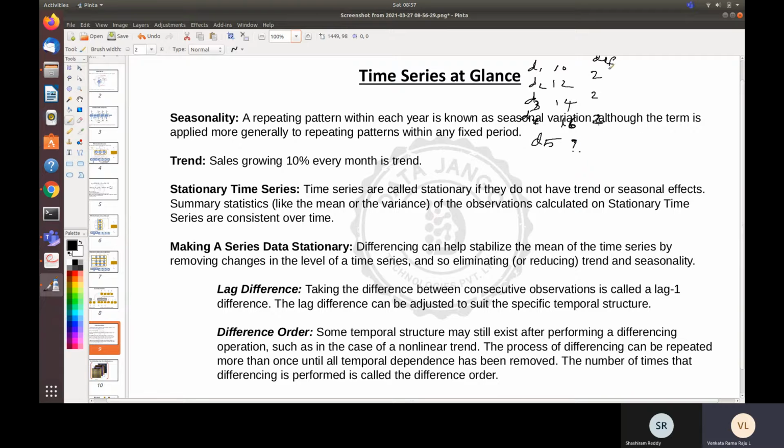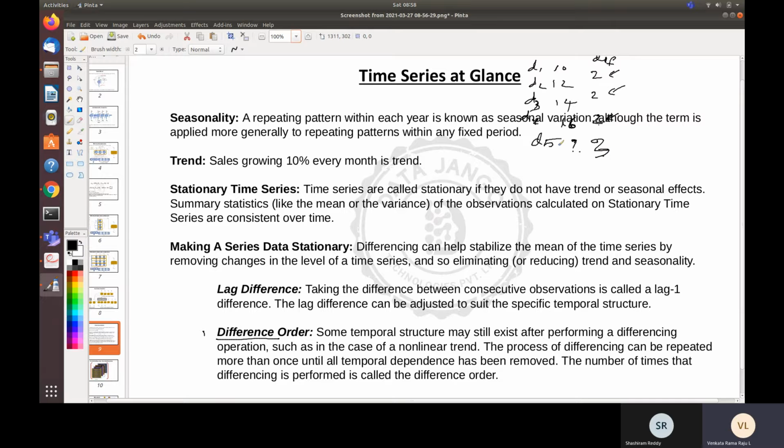So when you build a model, you build it with these values. Differencing order is 1, only one time you took the difference. If you take the difference again, you'll get 0, 0, 0. So you are using these values to build a model. Now your model predicts some number here, maybe 2 or 3.